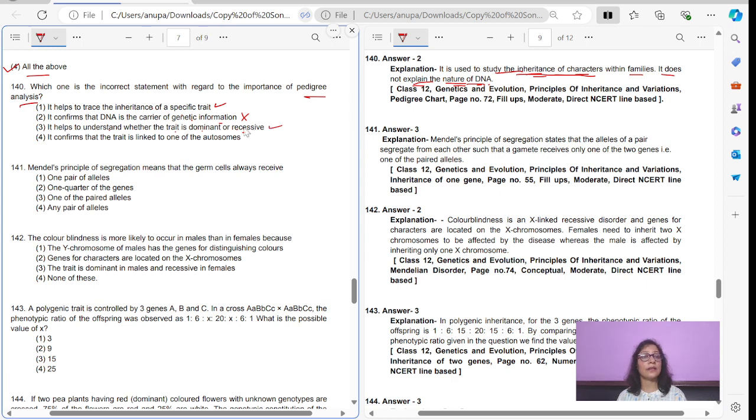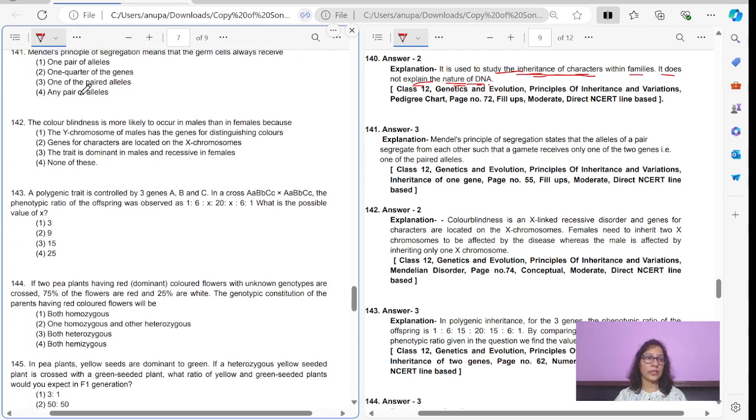Yes, it helps in understanding the dominance or recessiveness of a character. And fourth, it confirms that the trait is linked to one of the autosome. It also explains this, but it does not confirm that the DNA is the carrier of genetic information. And we have to find out the incorrect statement regarding pedigree analysis. So correct answer for this question will be option number 2.